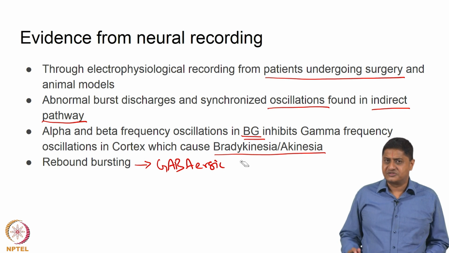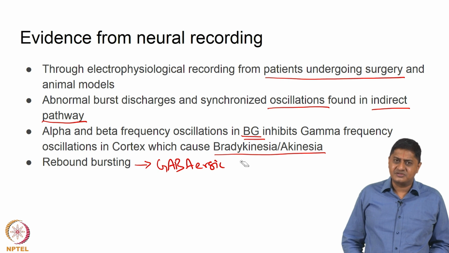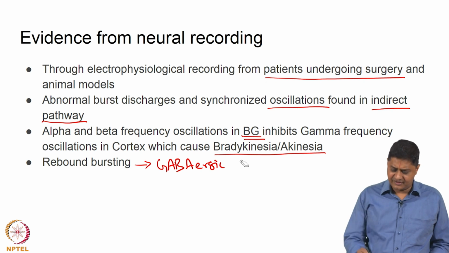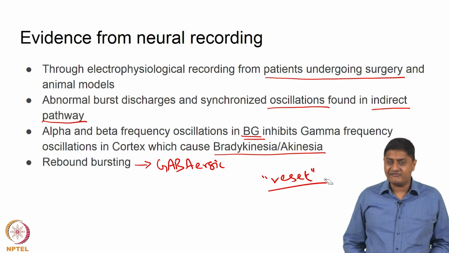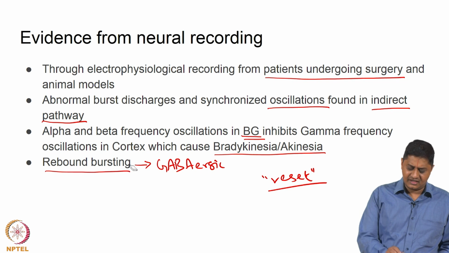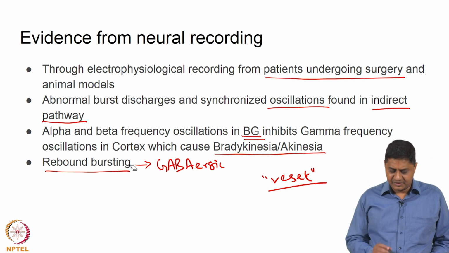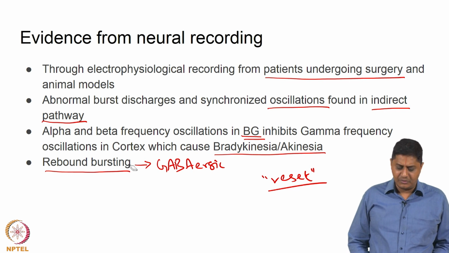Most other outputs are GABAergic, right. So, this interplay between GABAergic neurons somehow causes a sort of a reset that probably affects the motor circuit. This phenomenon is called rebound bursting. I am leaving the details for you to read, but this is called rebound bursting.